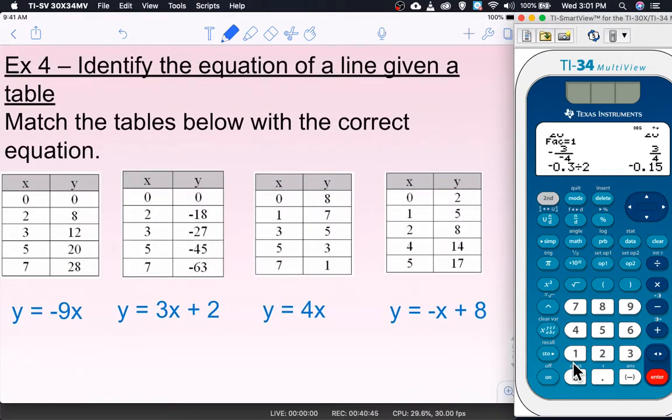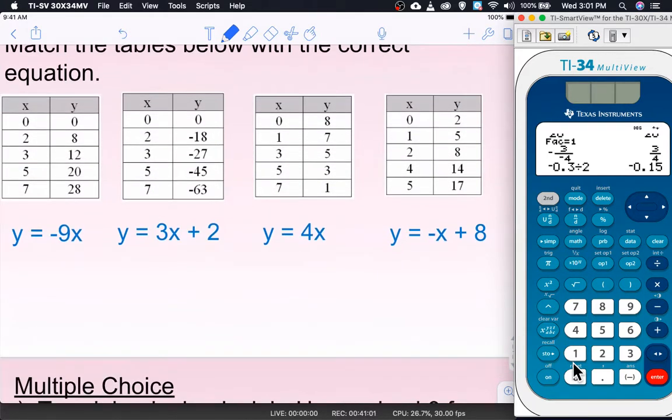Example 4. It would like us to identify the equation of a line given a table. So we want to match the tables below with their correct equation. Okay, so this is kind of an interesting problem-solving type problem. This is not necessarily straightforward, just write the equation of a line. There's a little bit more to it than that.